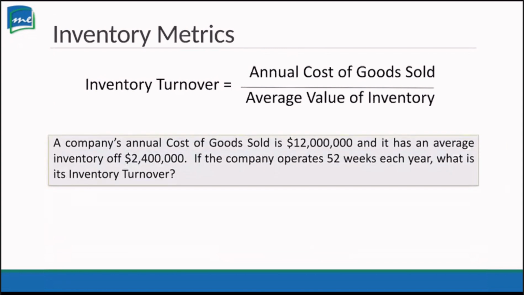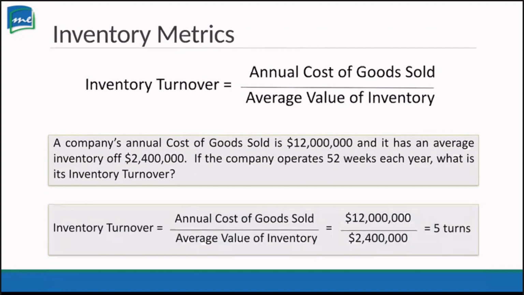So let's take a look at the example here. A company's annual cost of goods sold is 12 million and it has an average inventory of 2,400,000. If the company operates 52 weeks each year, what is its inventory turnover?